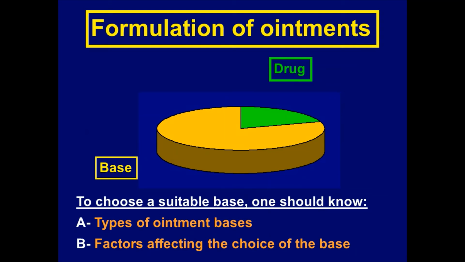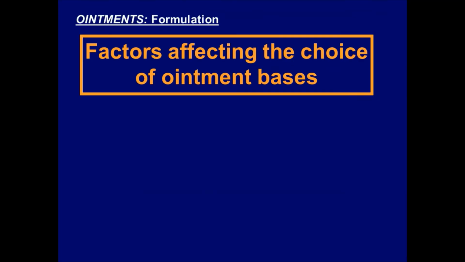So we said to choose a suitable base, one should know types of ointment bases, and we finished discussing this item. You also should know factors affecting the choice of the base. There are different factors affecting the choice of ointment bases.